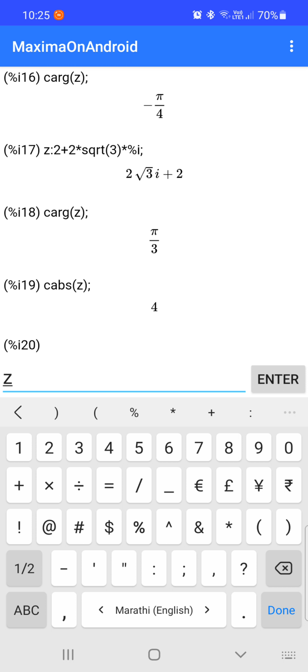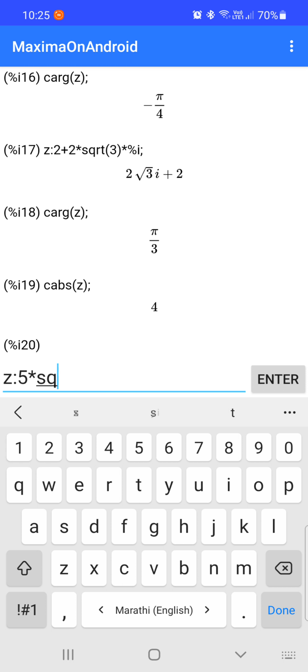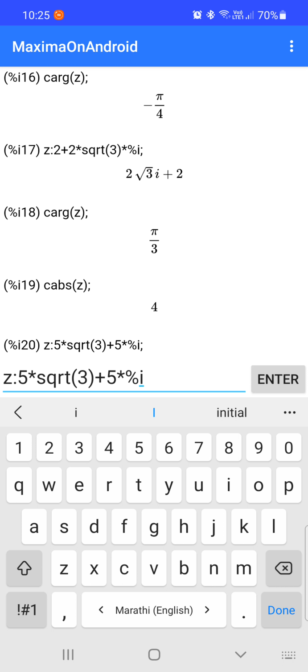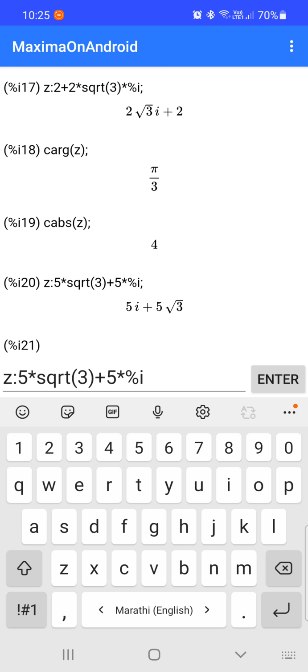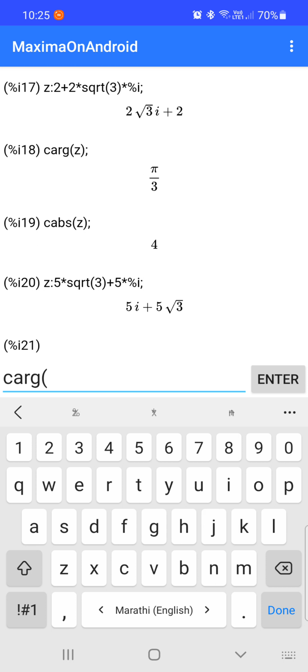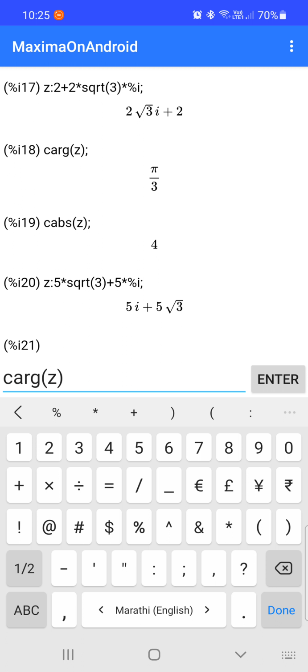Now take one more example. Suppose z is equal to, say, square root 3 plus 5 times i, and if we enter carg of z, we know that if we divide the imaginary part by the real part, then it is tan inverse 1 by root 3 and it is equal to pi by 6.